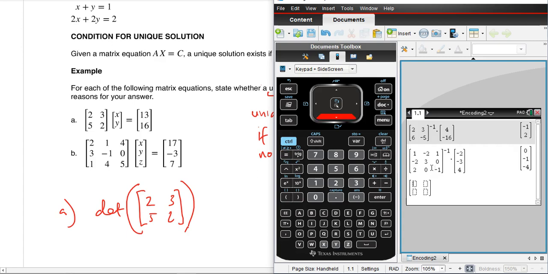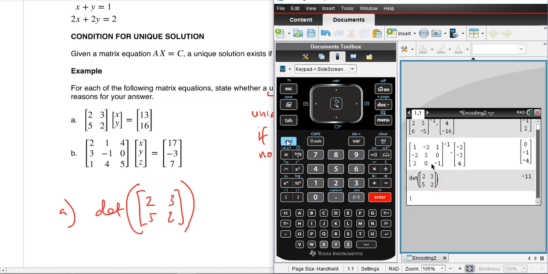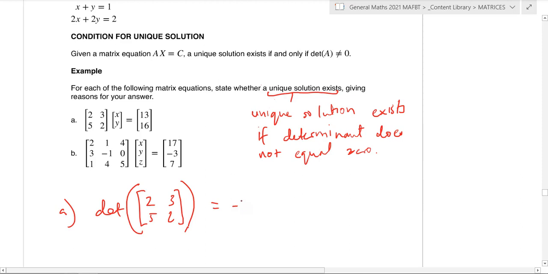Okay, so let's put that in. 2, 3, 5, 2. Oh, sorry, don't forget type in det bracket and then close the bracket. And it's negative 11. So a unique solution exists. That's what you'd write here.